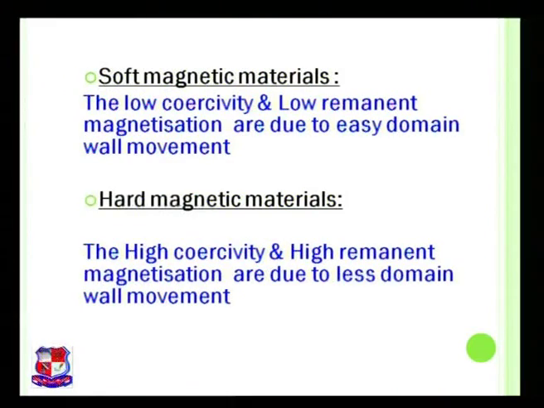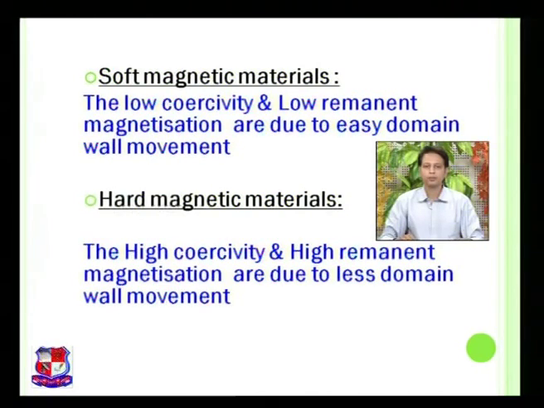Let us move to this slide. The value of this is low coercivity and low remnant magnetization, whereas for hard magnetic materials the coercive field is high, and it has high remnant magnetization due to less domain wall movement. That means for hard magnetic material the hysteresis area is more, and if the hysteresis area is more, the coercive field will be high and the remnant magnetization high.